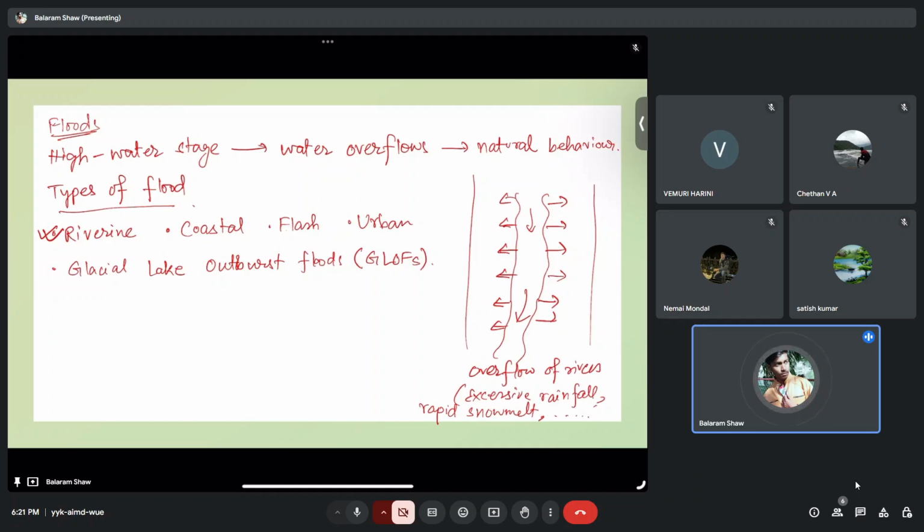So in the first instance, it will affect the river banks, as well as the floodplains. The plain near the river, till which flood can happen, we call the floodplain.